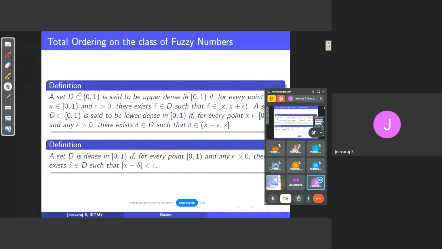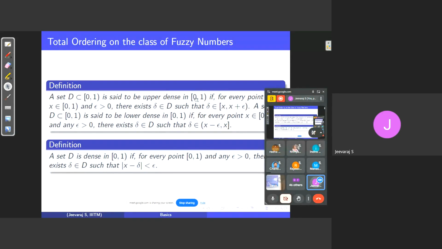A set D is said to be upper dense in the interval [0, 1) if for every x in this interval and for any epsilon, we must be able to find a delta in D such that delta lies in the right epsilon neighborhood of x. Then we call such D upper dense. Let me repeat.